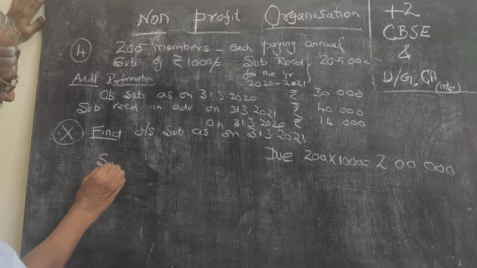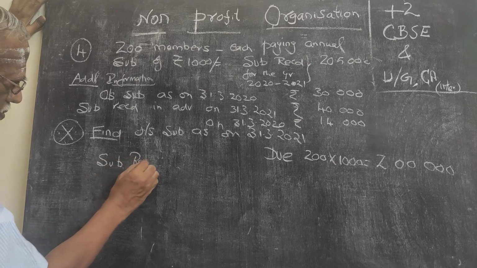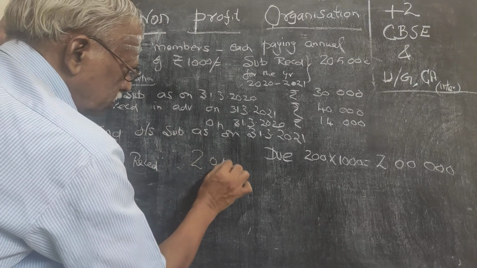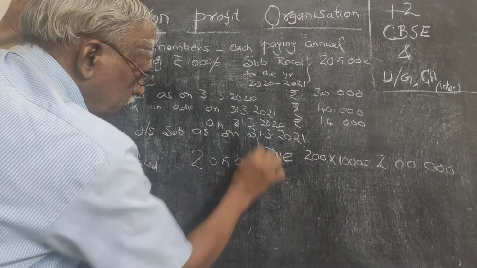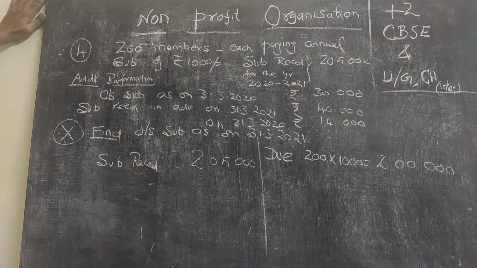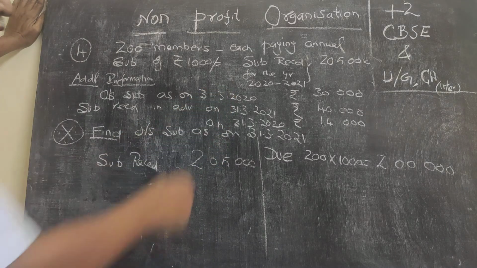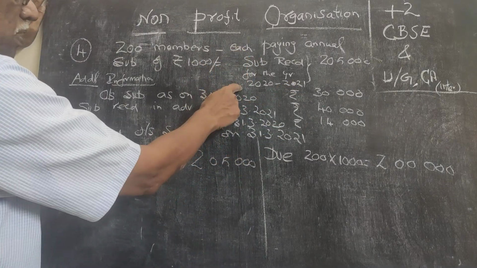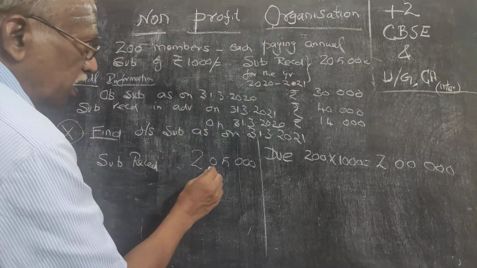Received is the actual amount received, 2 lakhs 5,000. Of that, outstanding subscription on 31st March 2020, in the absence of further information, we can take it for granted that this 30,000 is received during this year and included here.